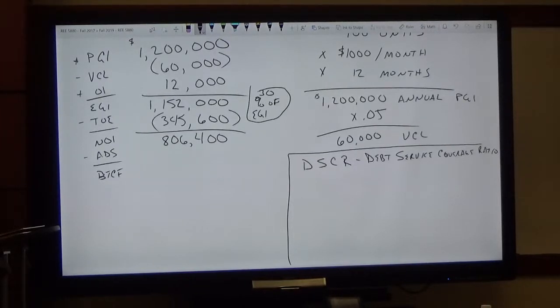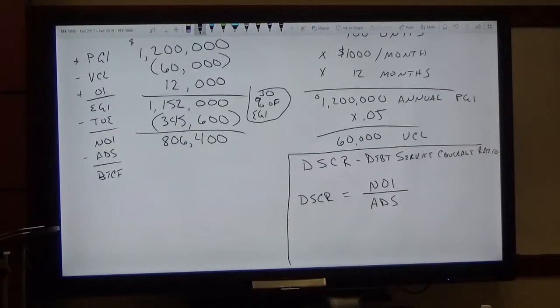Something called the debt service coverage ratio. Now what the ratio is, it is equal to the property's annual net operating income over the property's annual debt service. Okay? Now, in this particular case, we only have one of these three variables. The one variable that we do have, that we've calculated, is the net operating income of 806,400. We don't have the debt service coverage ratio, and we don't have the annual debt service.